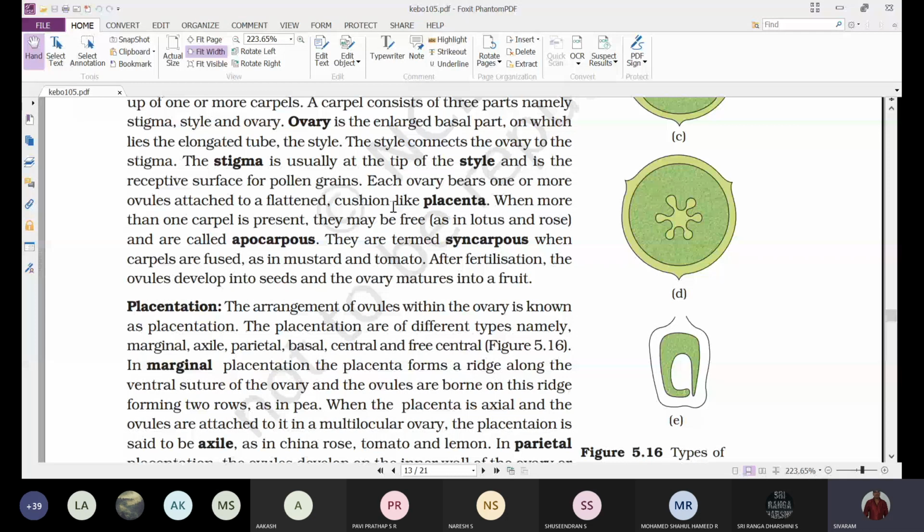How do we know? By observing the chambers inside the ovary. The fruit is nothing but a development from the ovary.